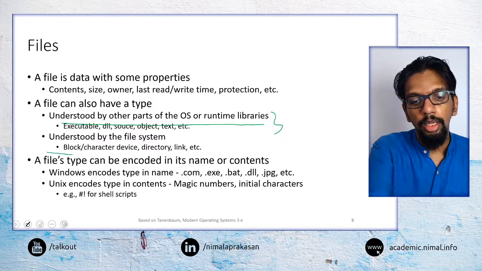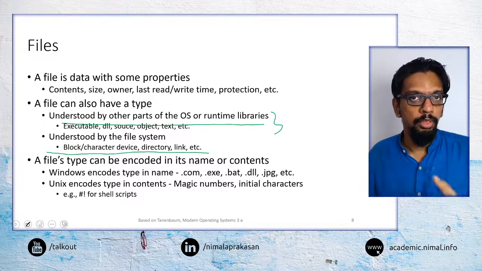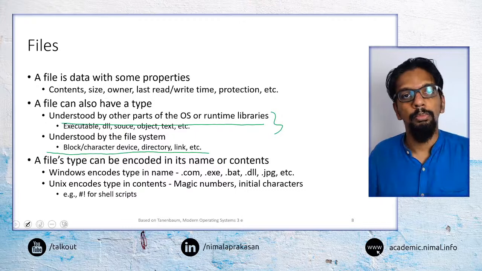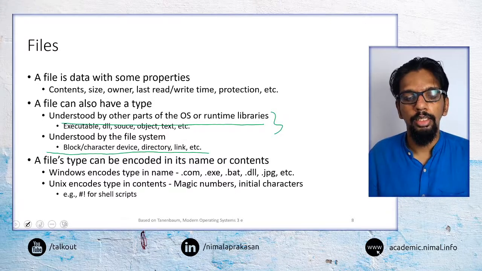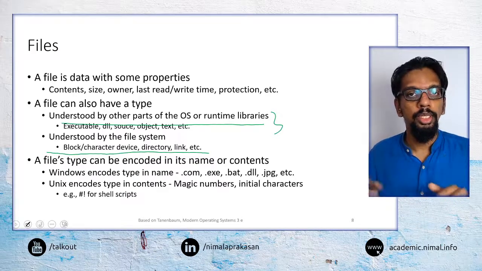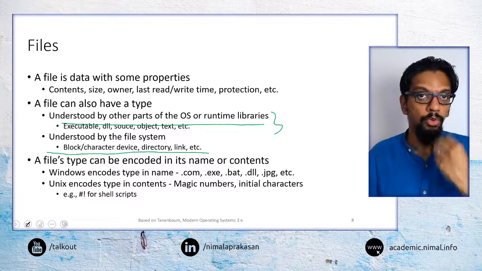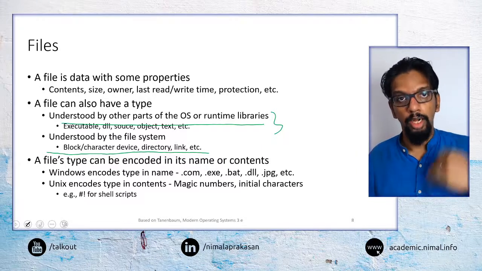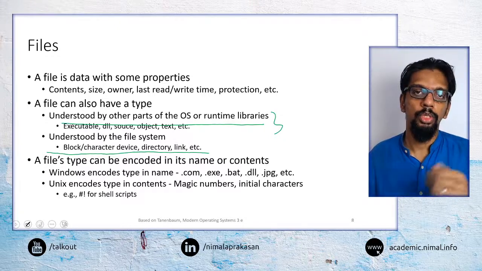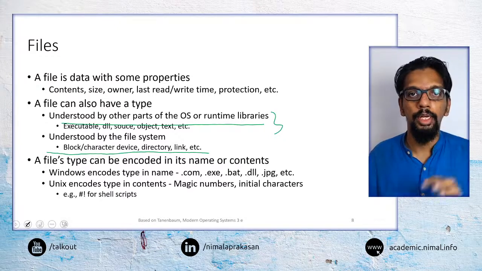But then underlyingly, there may be other system files such as directories or what we call character files, block files to map different drives and devices. These are things that you are not going to see as a file from a user's perspective, but underlyingly the operating system may use these as files. So they are not for the users, they are for the operating system itself.